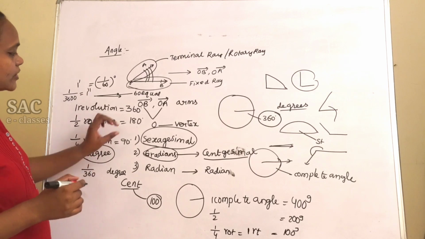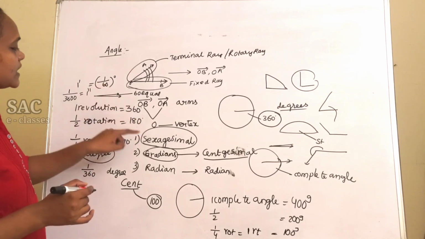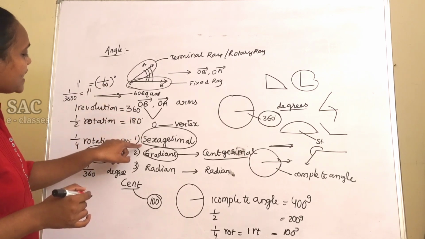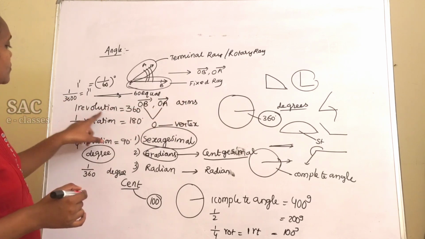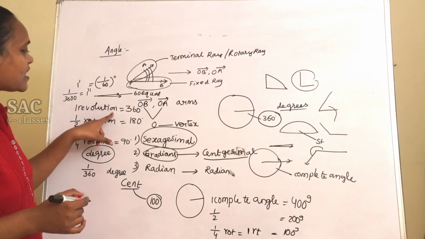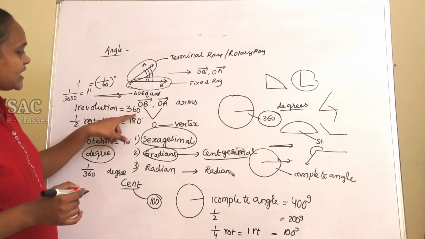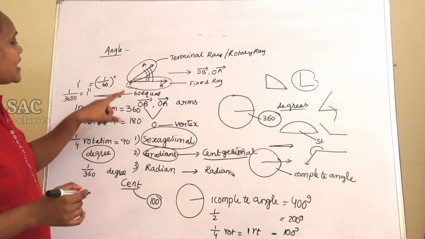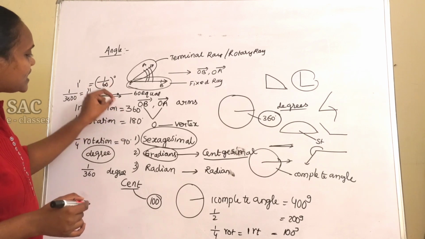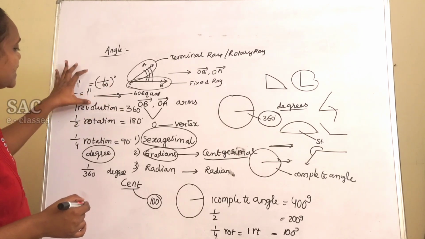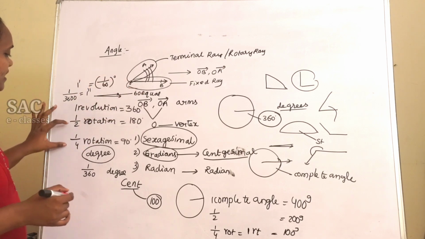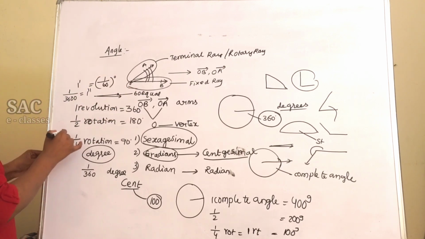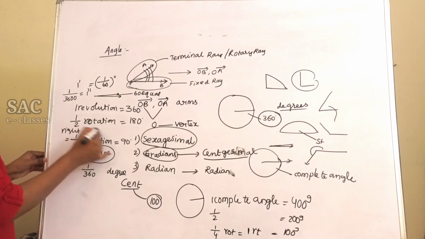That means according to the sexagesimal system, in this system an angle is measured in degrees, and one revolution, nothing but one complete rotation of an angle, gives 360 degrees, and each part of the 360 parts is called a degree, and half of a rotation is called 180 degrees. 1/4 of the rotation, which is called a right angle, is 90 degrees.